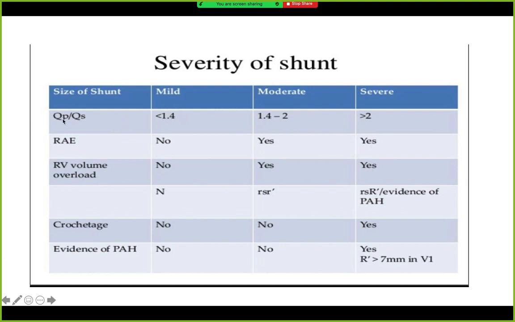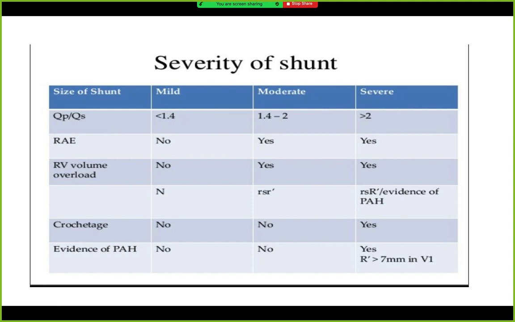If you look at the pulmonary flow to systemic flow ratio, whether there is more pulmonary flow or more systemic flow, with this ratio you can comment on the size of the shunt as well. If the ratio is less than 1.4 it will be mild, but if it is more than 2 it will be severe.